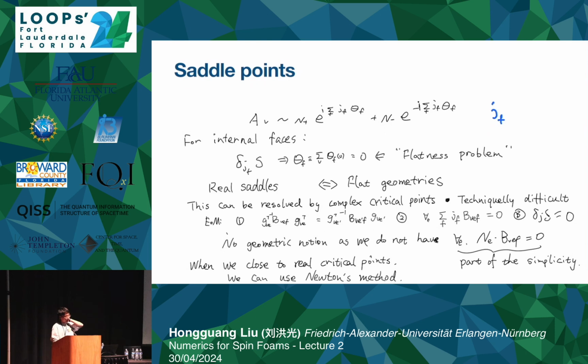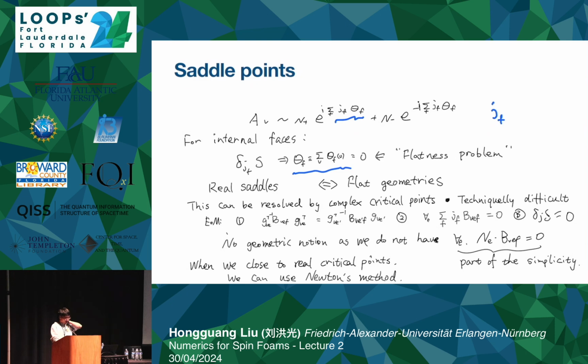Since this critical action is linear in spin, the equation of motion is simply theta_f, the dihedral angle, equal to 0. What does dihedral angle equal to 0 mean? I think Bianca will tell you more about this in the Regge calculus lecture. It means all the geometries are flat geometries.